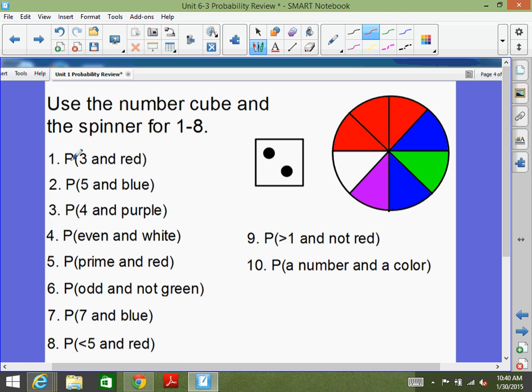Number 1, the probability of 3 and red. What's my first fraction? 1 out of 6. 1 out of 6, yes. Times 3 out of 8. That equals 3 out of 48. Can I reduce that?